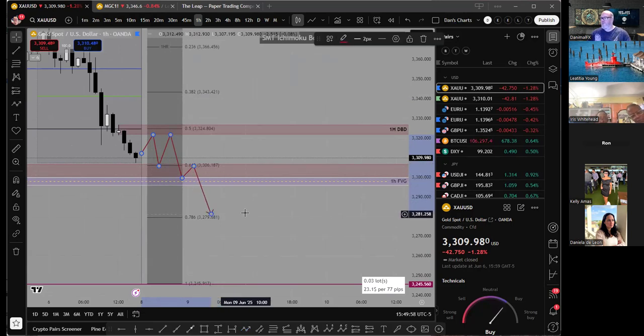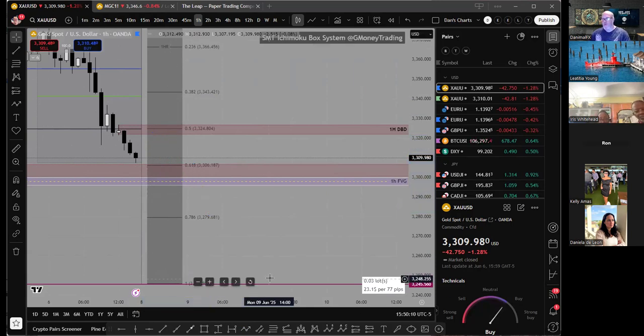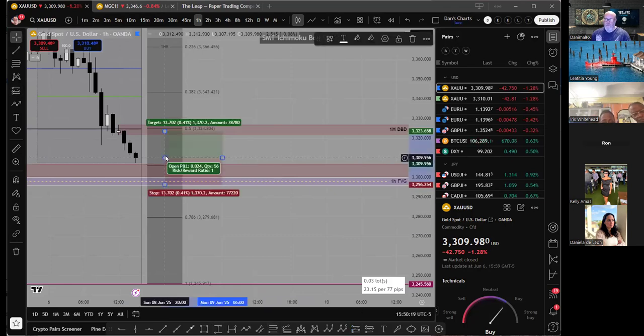So there are two types of scenarios that we could be facing. Dan, can you draw a short position box for this? Sure. If I were a breakout trader, and I do love breakout trading, I would be looking for a long position from here to at least here.